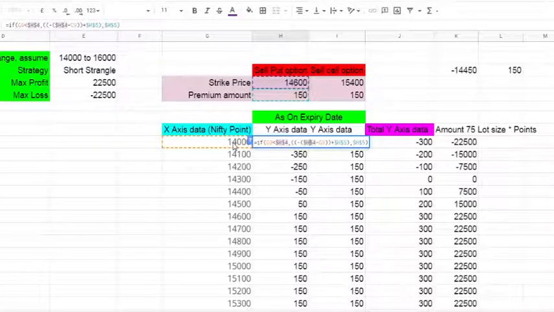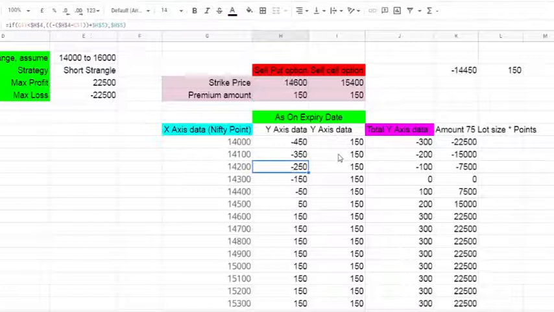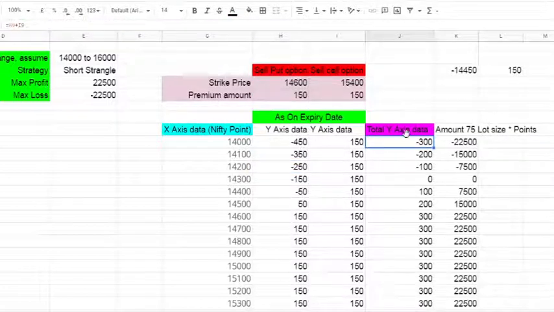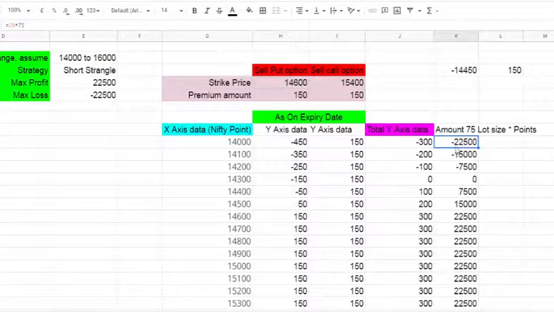Only the Nifty point will change. Now I got the total y-axis data and I am converting it to rupees. This is points, 300 points is the loss, but I am converting it to rupees, 22,500. Now I have the x-axis and y-axis.